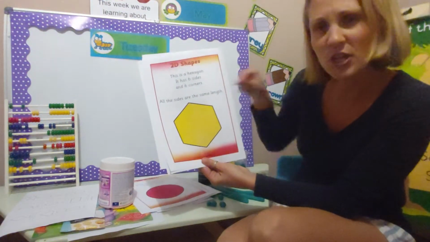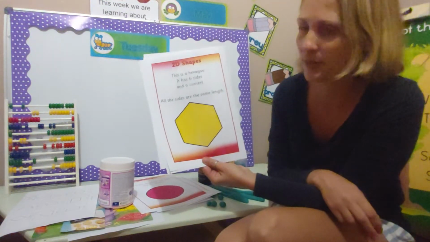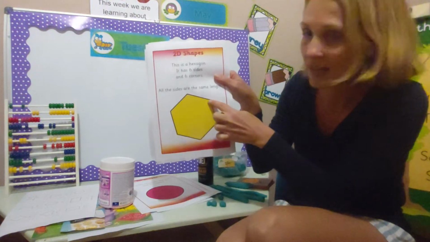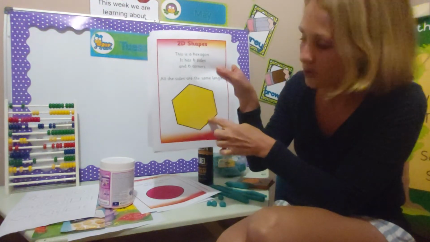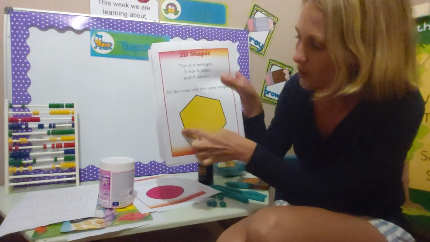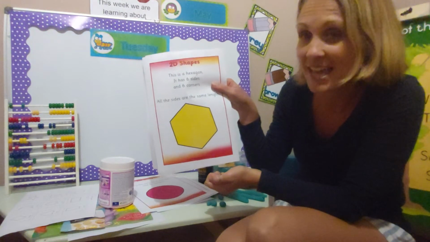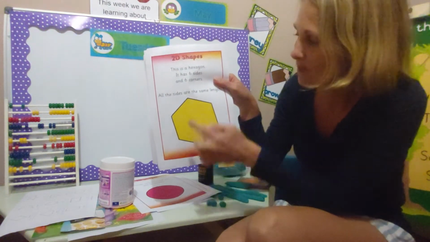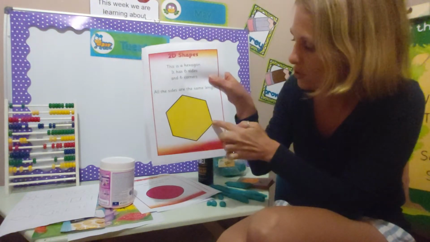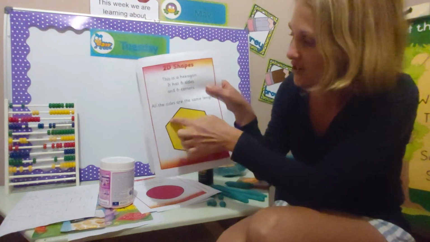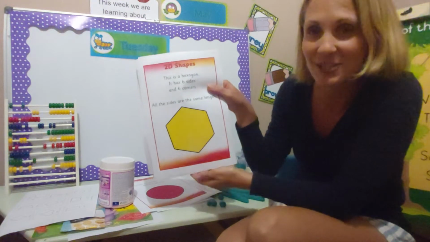Right. Oh, look at this one. This one's a little bit more difficult. Let's count the sides. 1, 2, 3, 4, 5, 6. It's got 6 sides, and let's see how many corners it's got. 1, 2, 3, 4, 5, 6. It's got 6 sides and 6 corners.